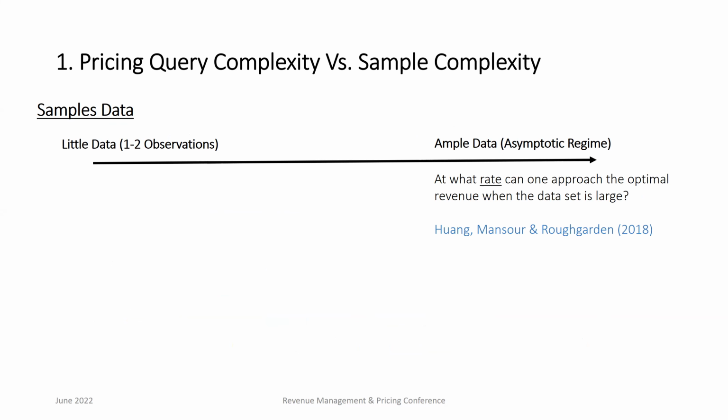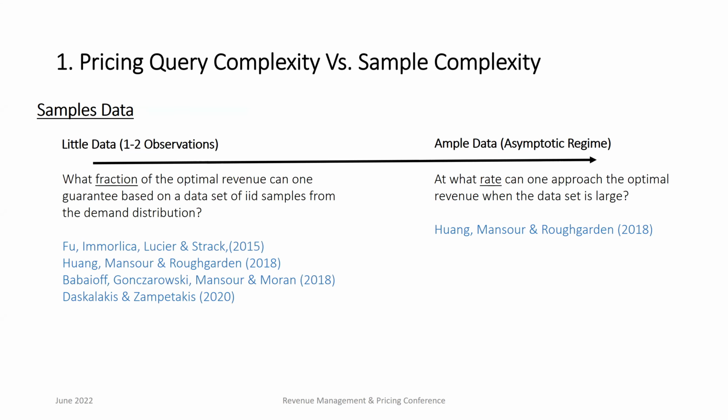In that setting, the main paper results, asymptotic results, are contrasted with that of Wang, Mansour, and Roughgarden, and that look at various aspects of the problem, but among other things, characterize the rate at which one can approach the optimal revenue when the data set is large.